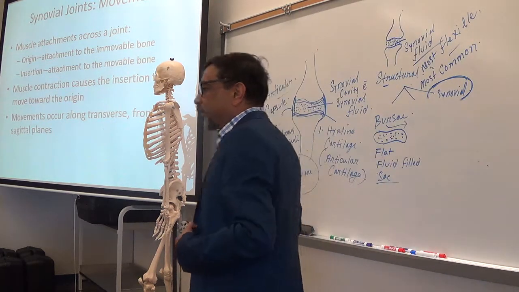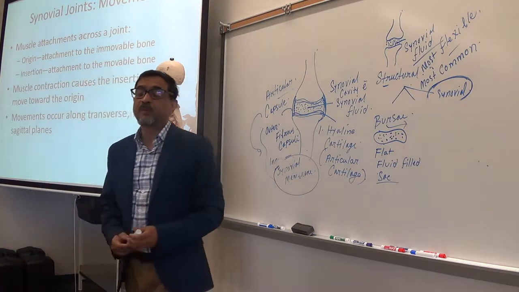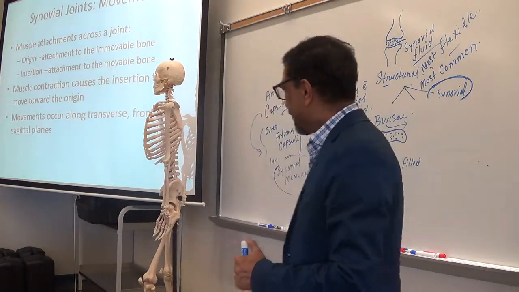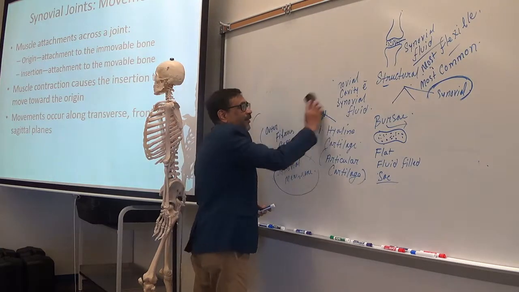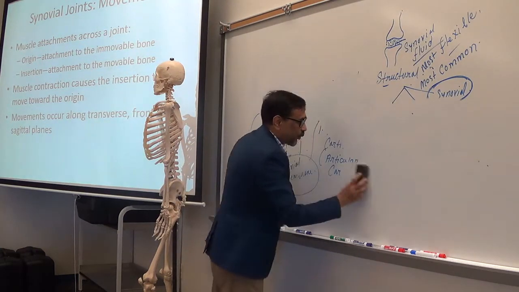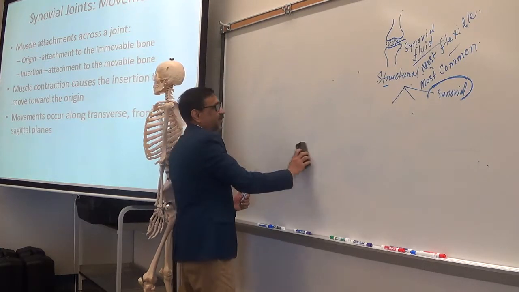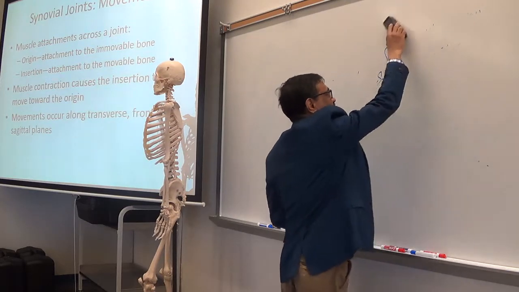Now, we'll talk about movement. We know that we move the body parts or bones at the joints. Now, movement occurs due to the contraction and relaxation of the muscles. So we know that muscles move the bones at the joints.